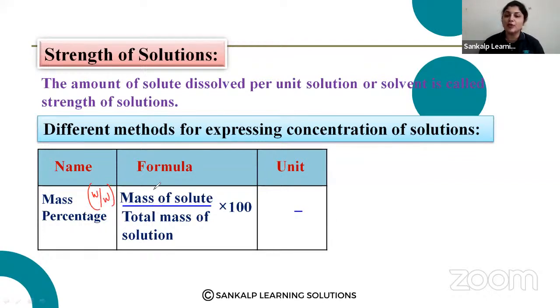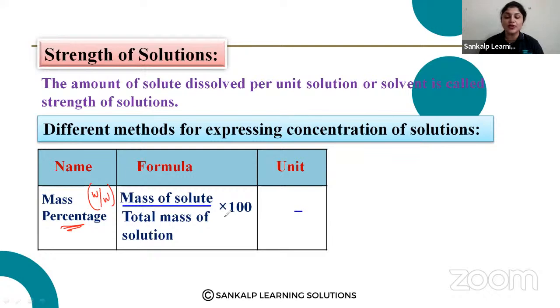The formula is mass of the solute by the total mass of the solution into 100. Why are you taking into 100? Because it is percentage. Whenever you are taking percentage, you have to multiply it by 100. So what is the definition for mass percentage? It is the mass of the component which is per 100 grams of the solution.